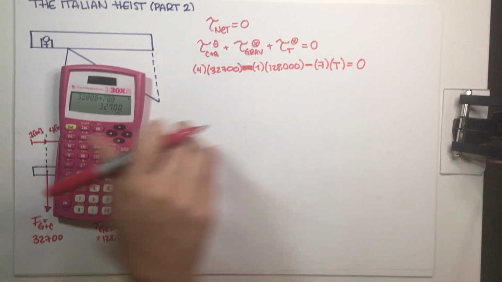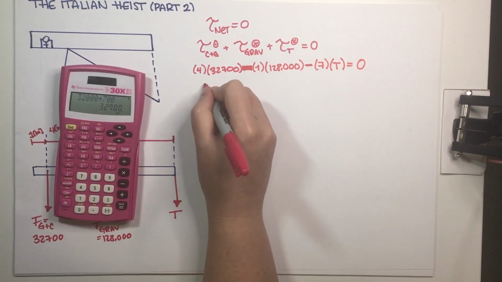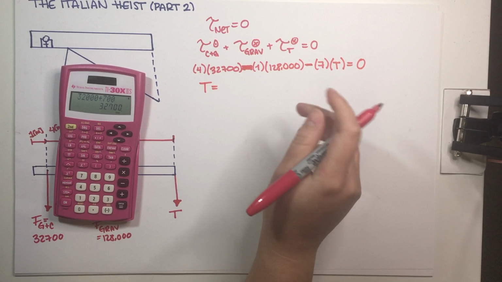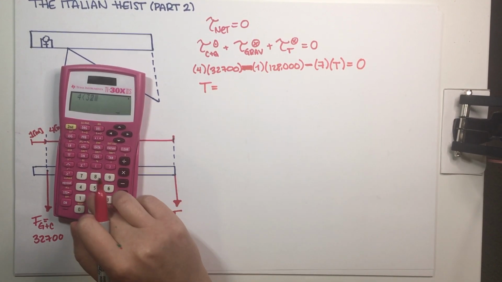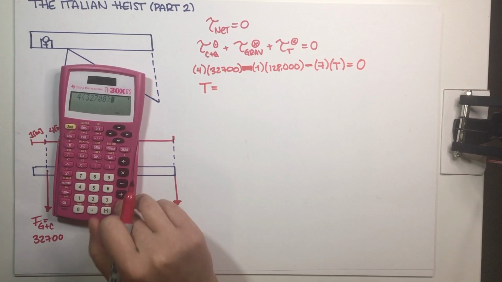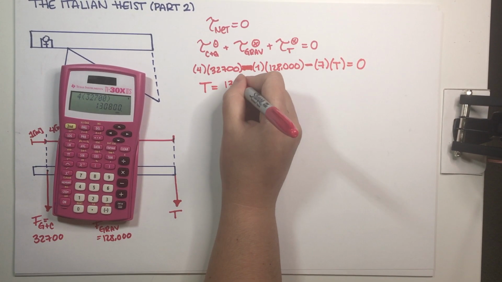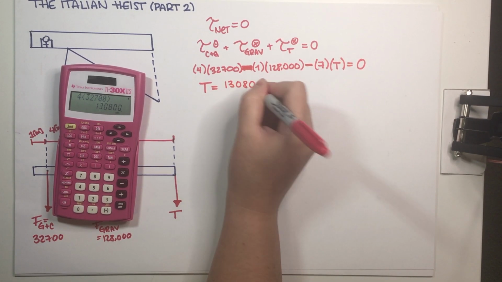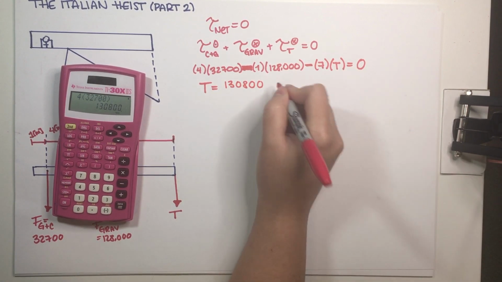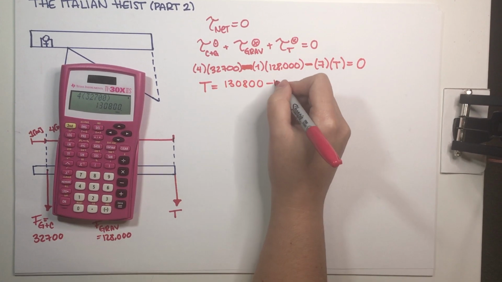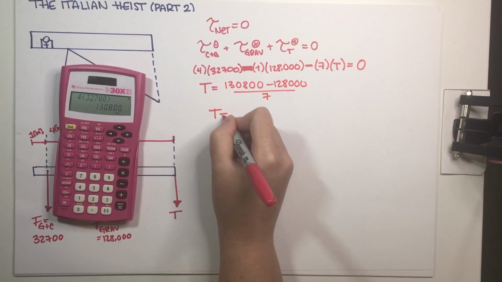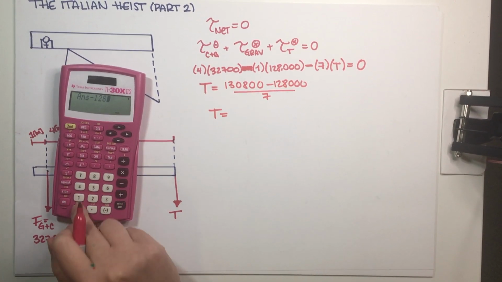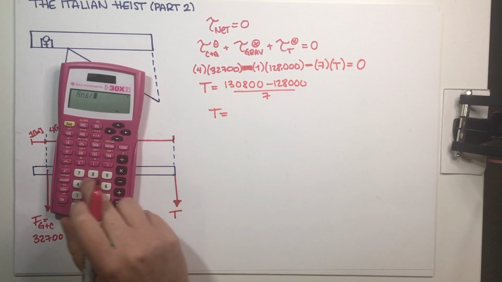So I'm going to go ahead and solve for that. T has to be equal to 4 times 32700, which is 130,800, minus 128,000, divided by 7.